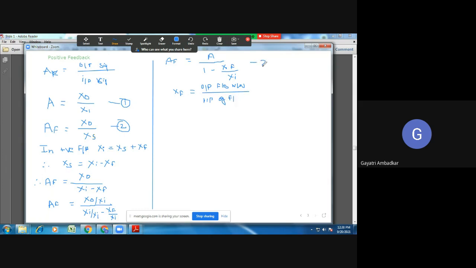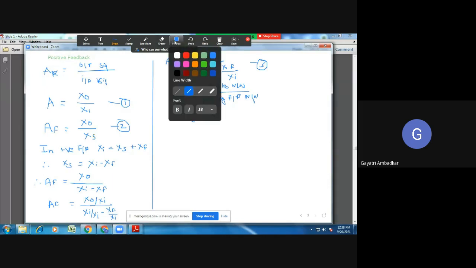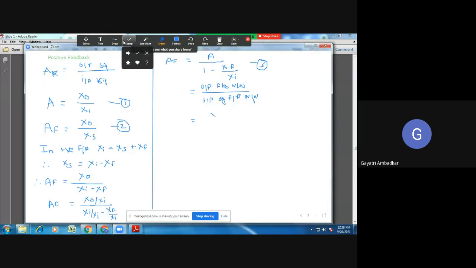What is the output of the feedback network? XF. What is the input to the feedback network? It is the output of the amplifier, so XO. So beta is XF upon XO. Therefore, XF is equal to beta times XO.